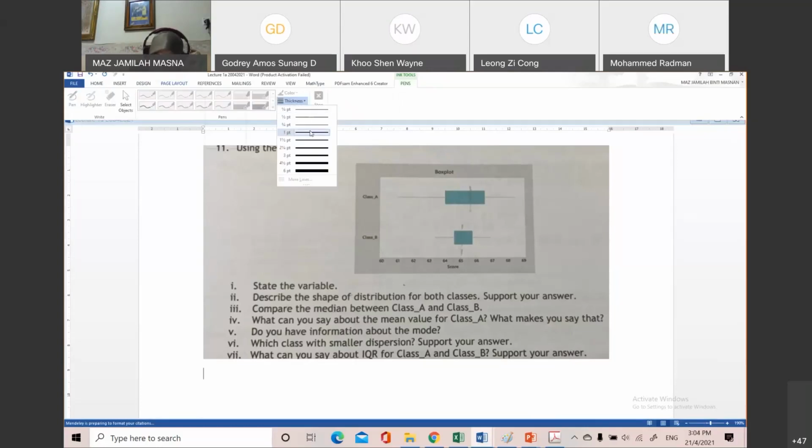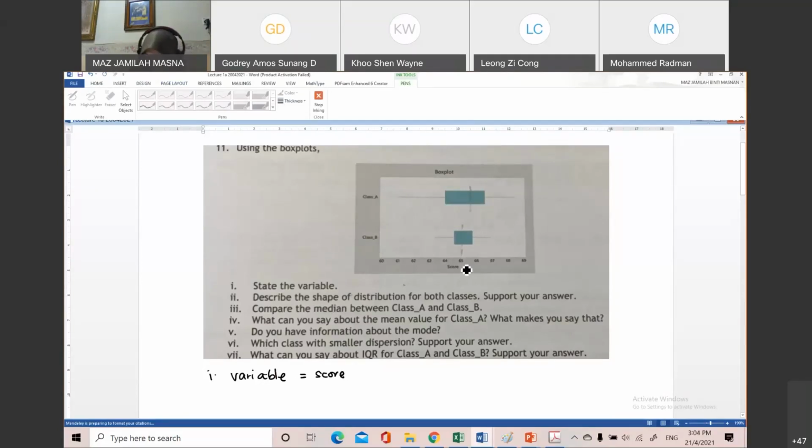Class A and B? Look carefully. Number one, the variable is score. Why score?